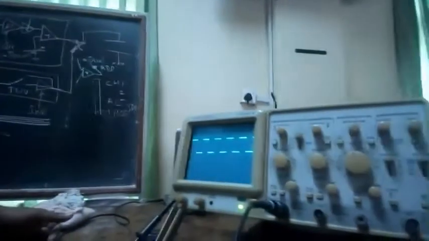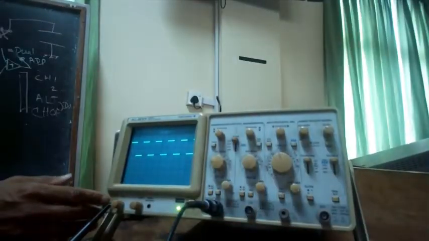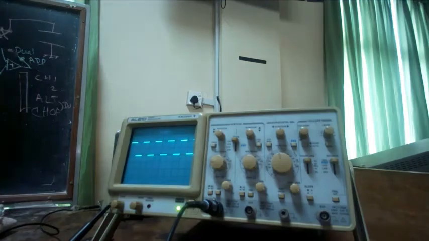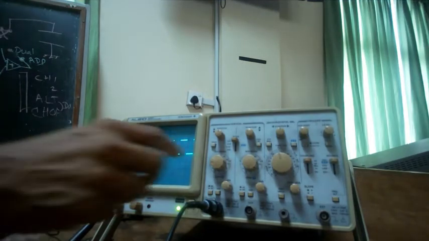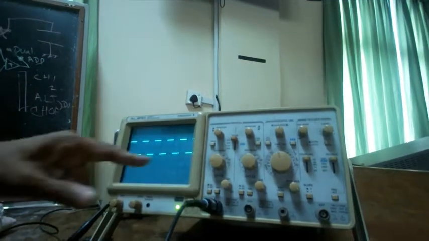Let's see if I can focus this. It's hard to focus, but the value it says is 2 volts peak to peak. So the peak to peak value is 2 volts. Now I have put it into 1 volt, so this volts per division is 1.